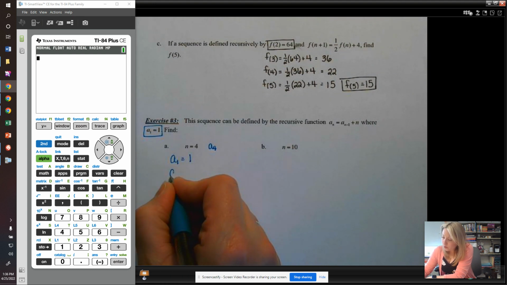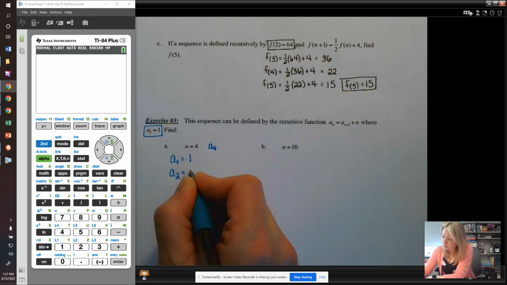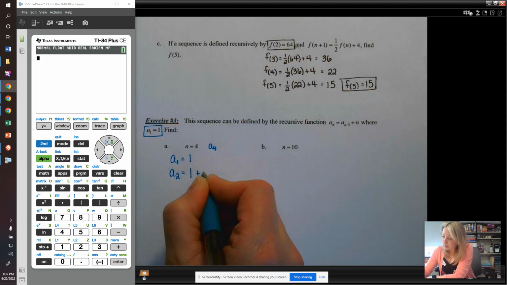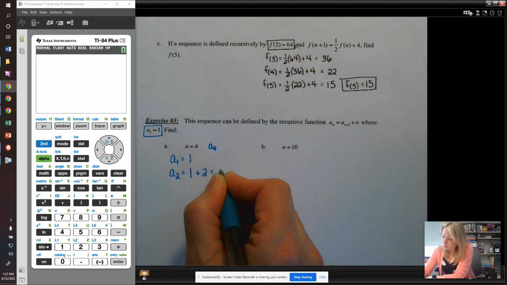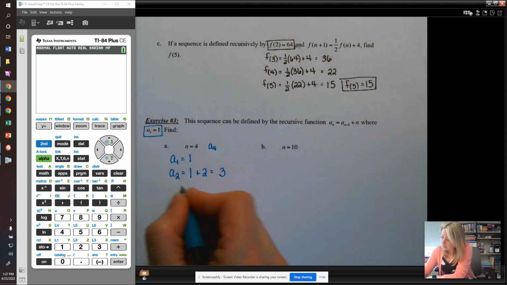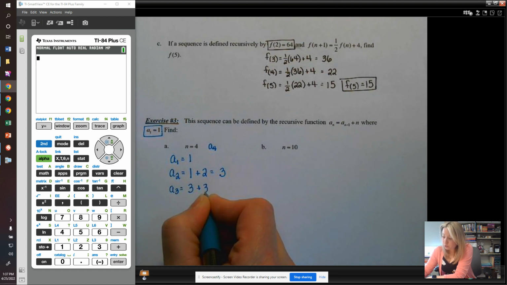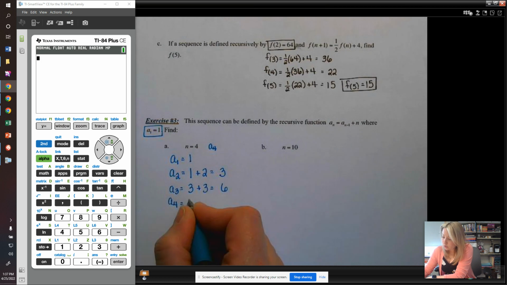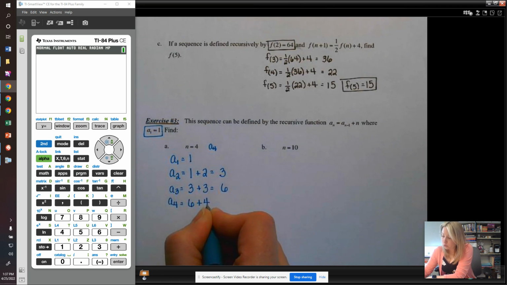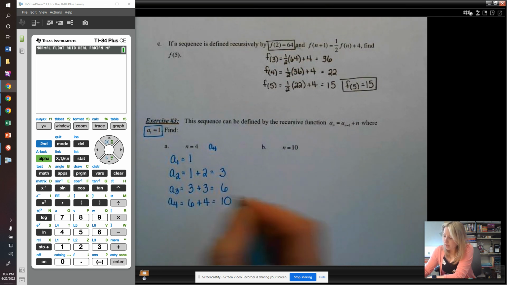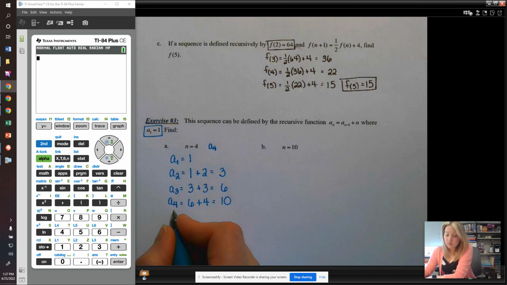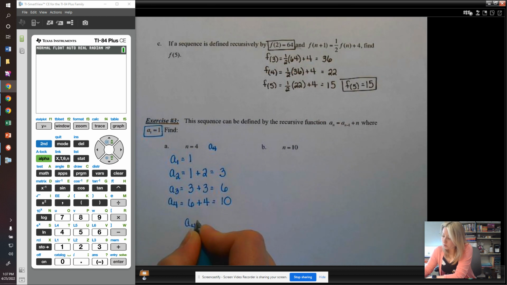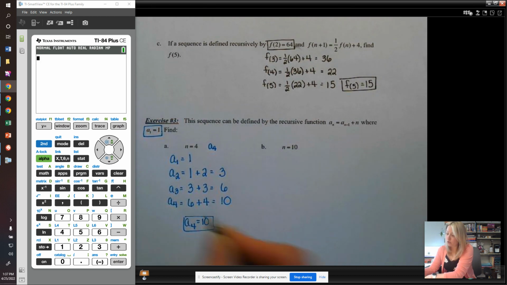Now for a subscript 2, we're taking the previous value and adding our subscript to it. We get 3. So let's take the previous value, 3, and add the subscript 3. Take the previous value, 6, and add the subscript 4. We get a subscript 4 is equal to 10, which is where we wanted to get to.